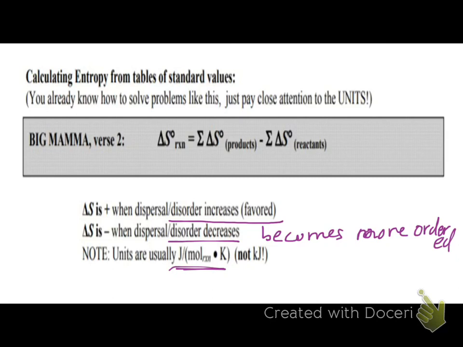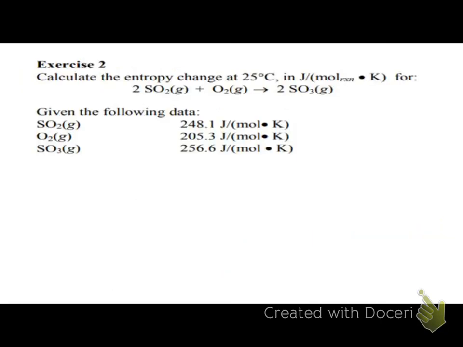So I think we're going to work a problem. Here we have the entropy change for SO2 combining with oxygen to make SO3. It gives us these values. It's always products minus reactants, right? So we're going to find out what delta S for the system is.